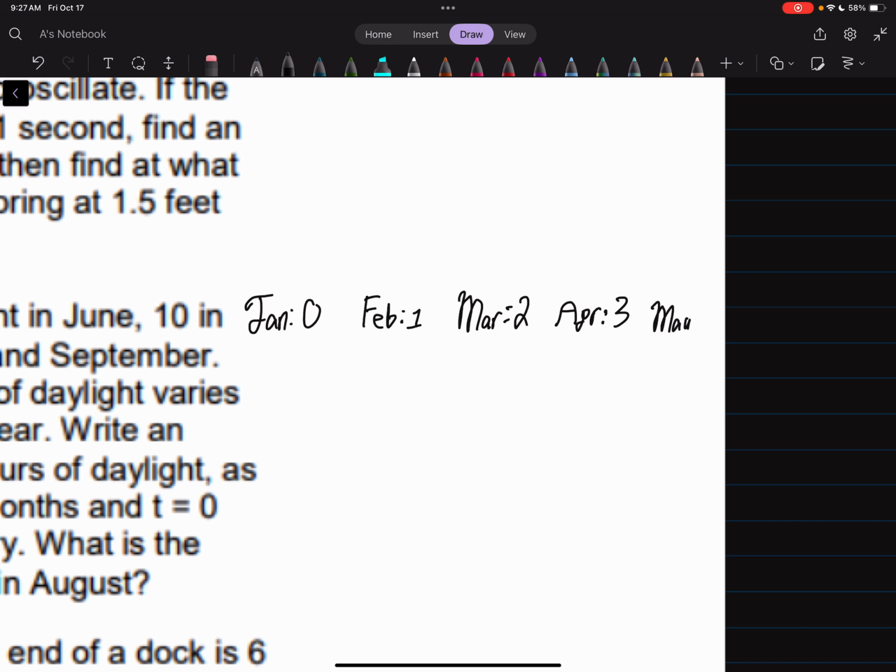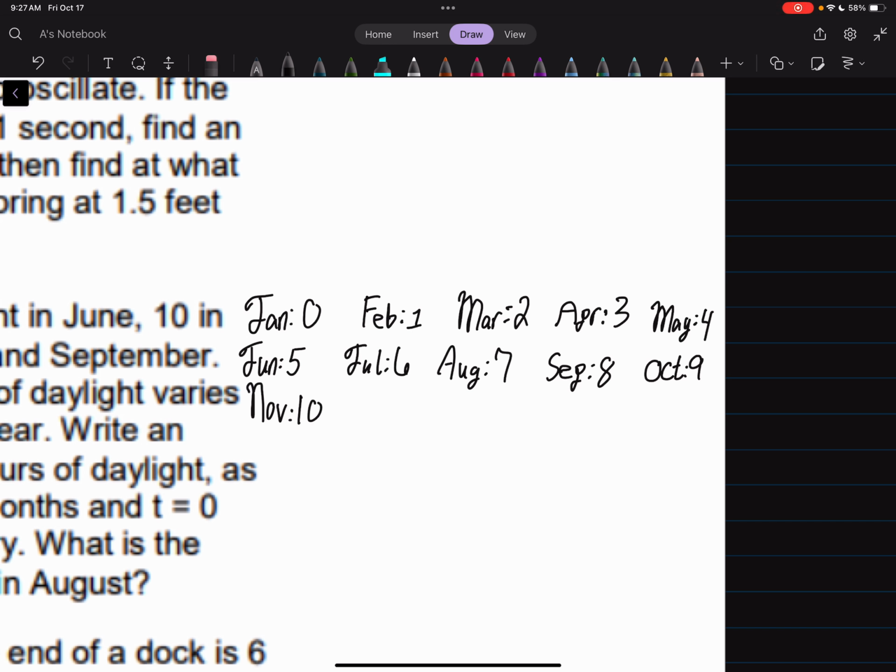May, June, July, August, September, October, November, and finally the best month, December. Okay, those are the numbers that correspond per month.